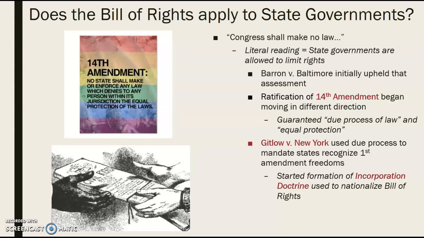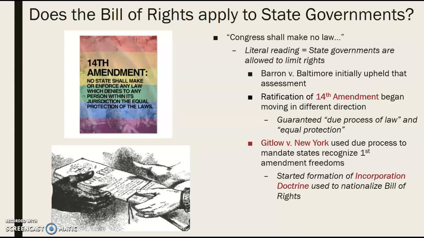And so Gitlow, even though it denied Gitlow his freedom of speech, partially reversed the Barron v. Baltimore decision when it said, essentially, here's the pathway to the application of the First Amendment at the state level.